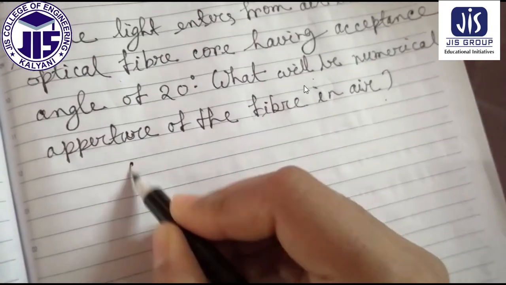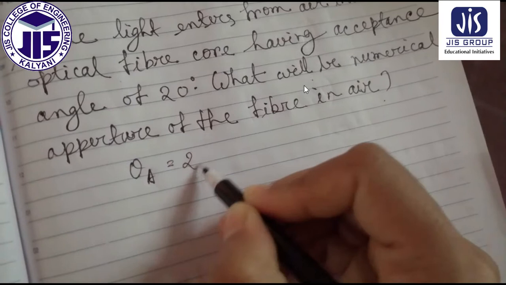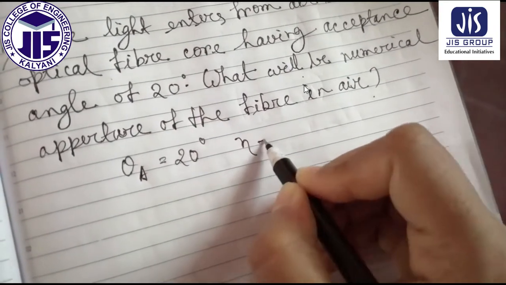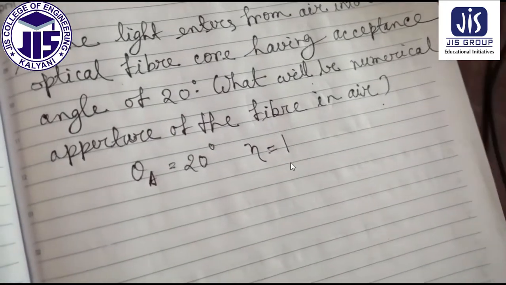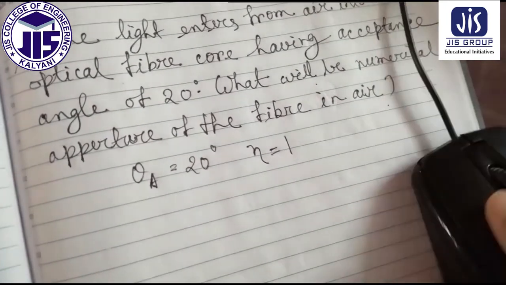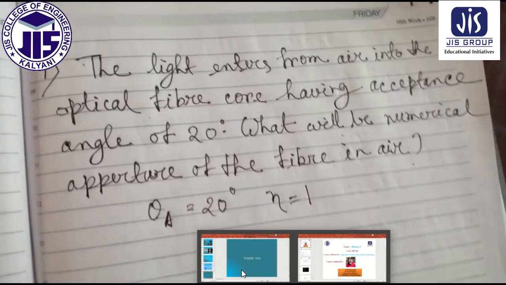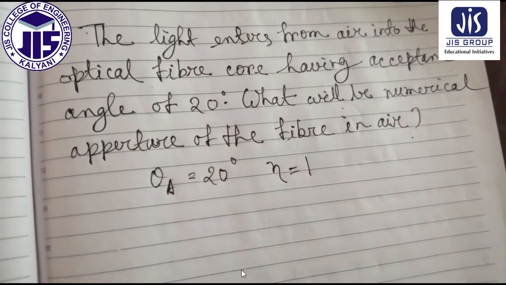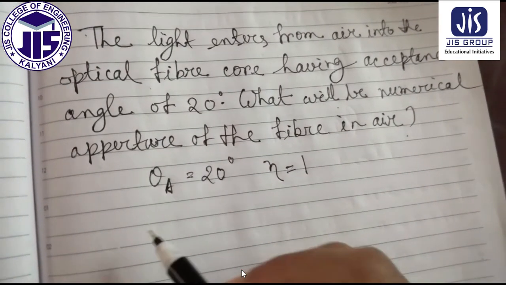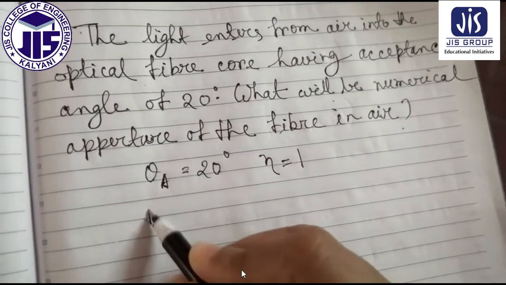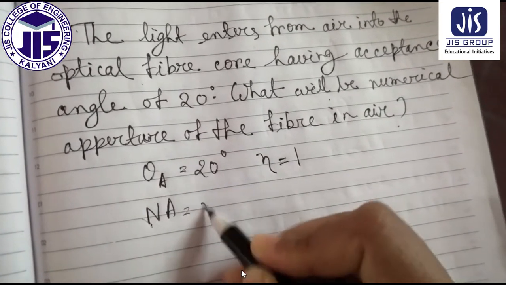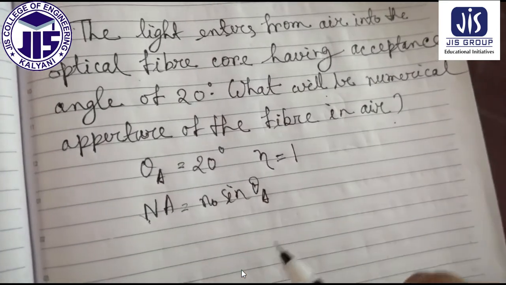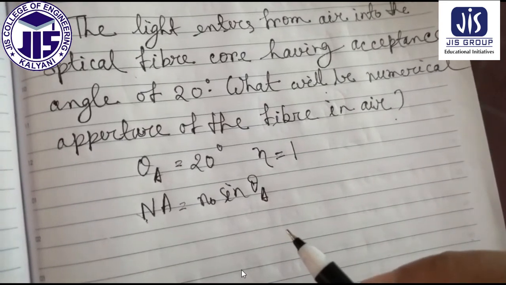First of all, theta A equal to 20 degree, and the refractive index eta is also given, that value will obviously be 1. Now eta equal to 1, then the formula is NA equal to n0 sin theta A. This is the formula of the numerical aperture.